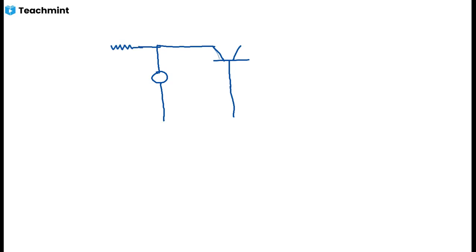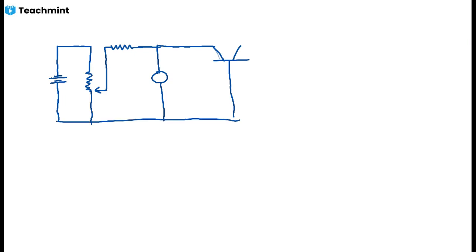Here we are connecting a variable resistance. This is the voltage VEE.